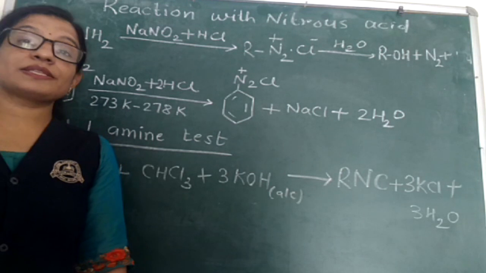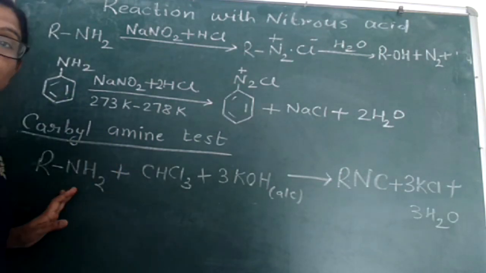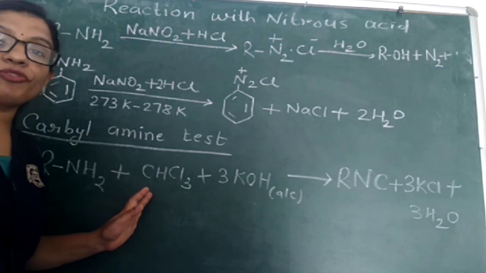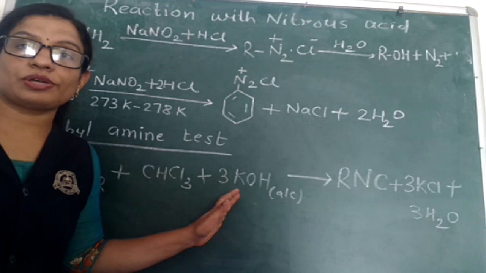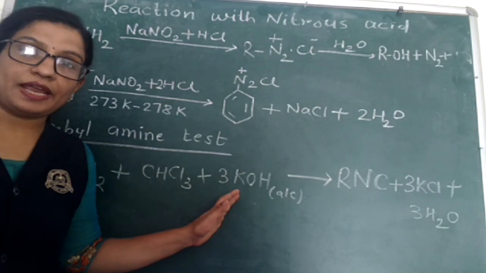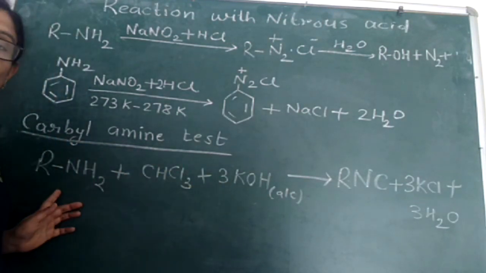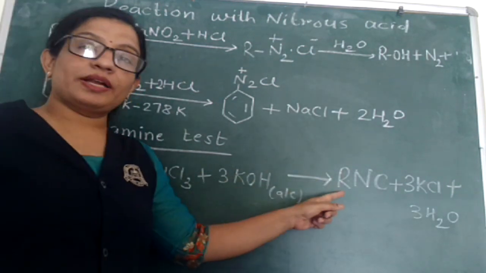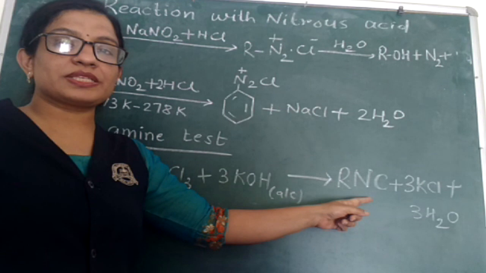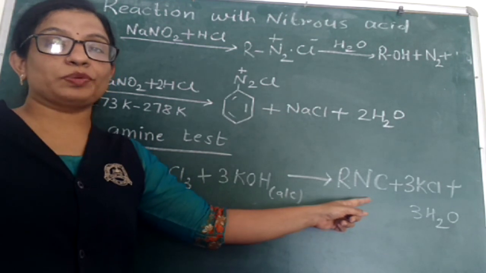What is this test? When primary amines, whether aliphatic or aromatic, are treated with chloroform, that is CHCl3, and an ethanolic solution of KOH, then whatever alkyl group or aryl group is there in the amine is bonded, as you can see in the product, with a new functional group NC.